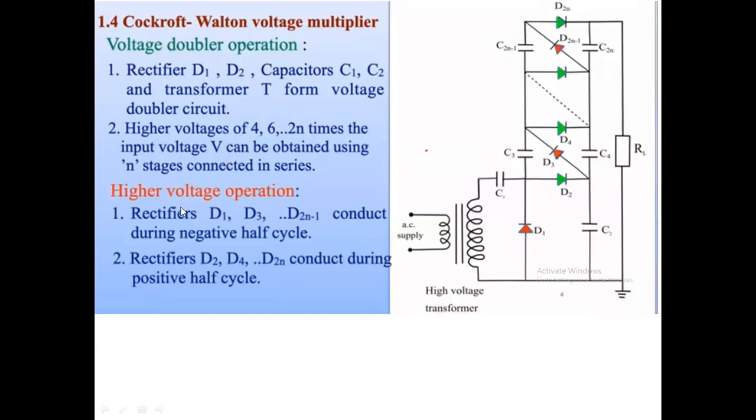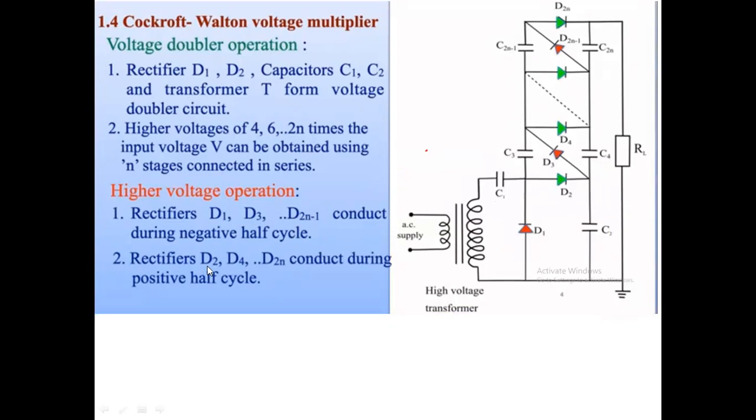For the higher voltage operation, the rectifiers D1, D3, up to D2N minus 1 conduct during the negative half cycle, the diodes represented by the odd numbers, just like we have studied in D1.